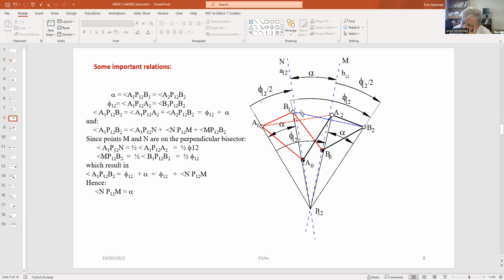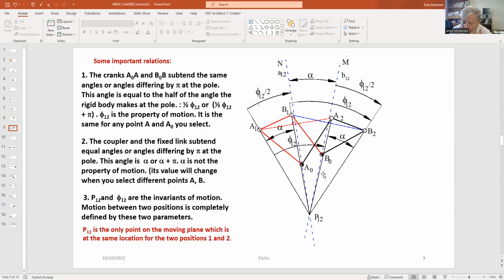Consider A1, B1. It is equal to alpha. It subtends alpha at P12, and P12 M is alpha. So A0 P12 B0 is equal to the angle alpha, because A0 and B0 are on the perpendicular bisectors.